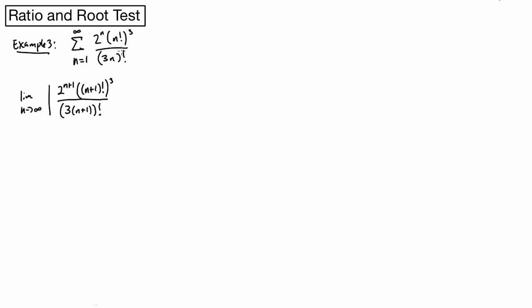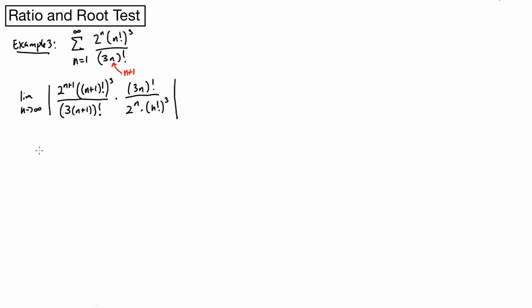Now notice, and this is oftentimes a common mistake, when I plugged in n plus 1 here, I was plugging it in to 3n, so this 3 is multiplied by the n plus 1. It's a very common mistake to just write 3n plus 1 instead of this, which will end up being 3n plus 3. So this is times (3n) factorial divided by 2 to the n times n factorial cubed.